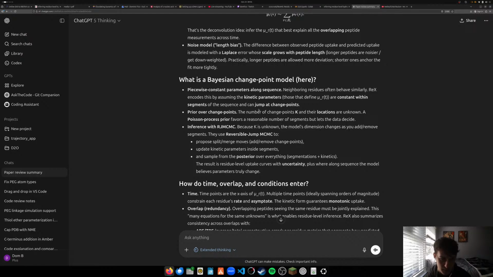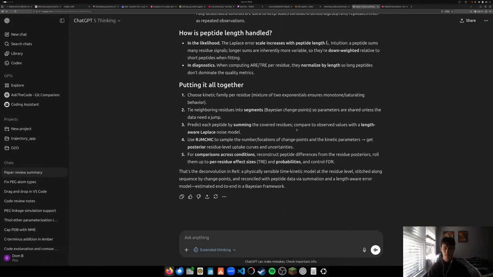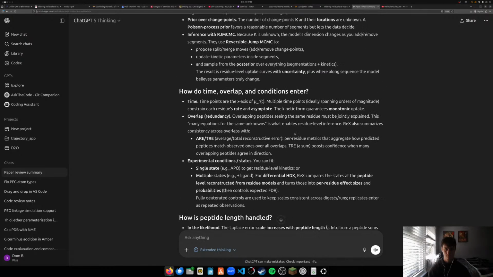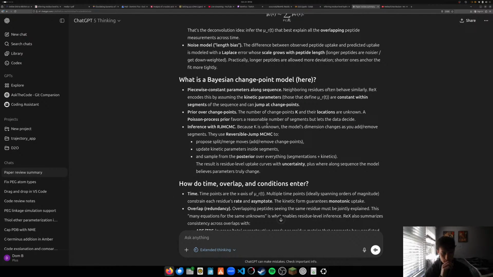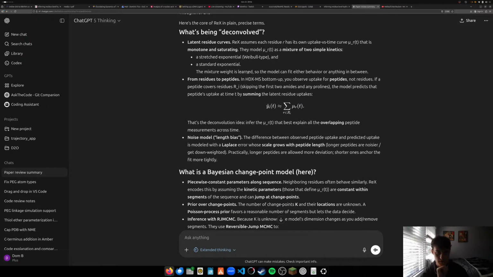The model encodes this by assuming the kinetic parameters are consistent within segments of the sequence and can jump at change points. Does it define what a change point is?